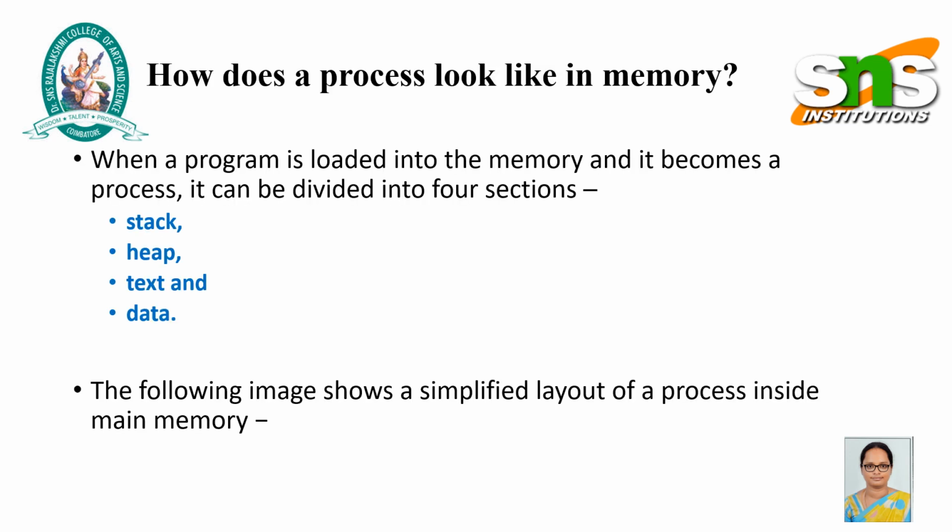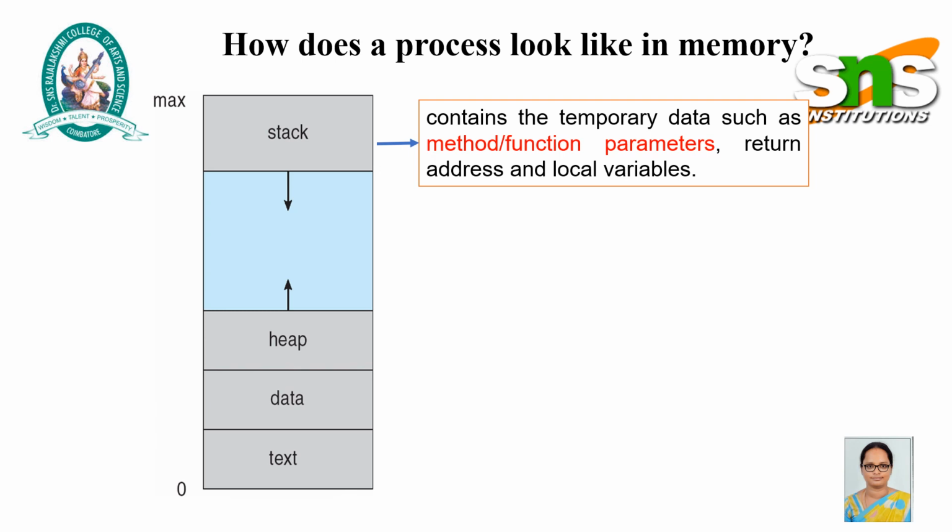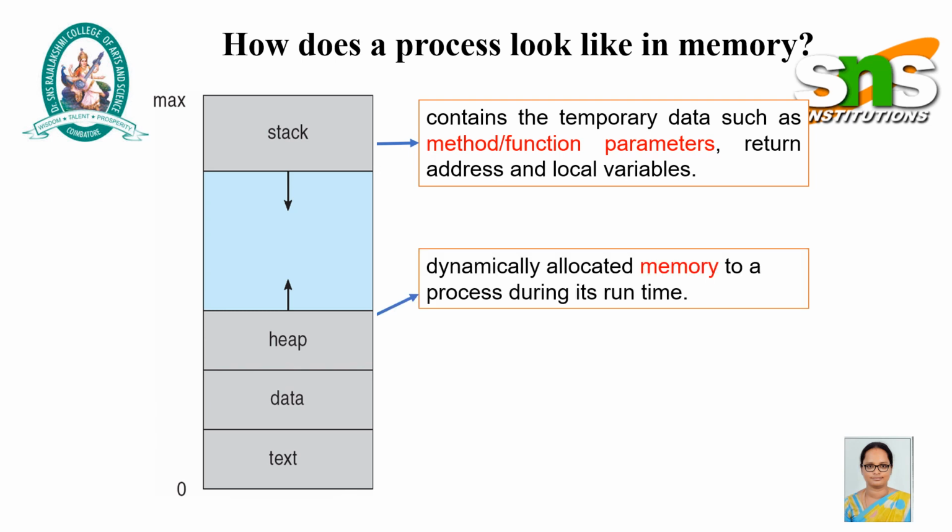How does a process look in memory? When a program is loaded into memory and becomes a process, it can be divided into four sections: stack, heap, text and data. This is the pictorial representation of a process in memory. So we have the stack part, heap part, data part and text part. The stack contains temporary data such as method or function parameters.